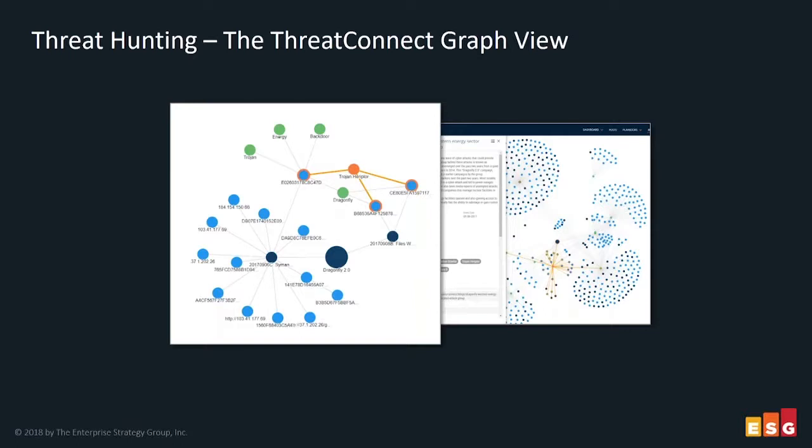And the graph view seen here is available on the details page for every indicator, every group, and every tag. ThreatConnect offers several options to control how many and which type of nodes appear on the graph to simplify the analysis process.